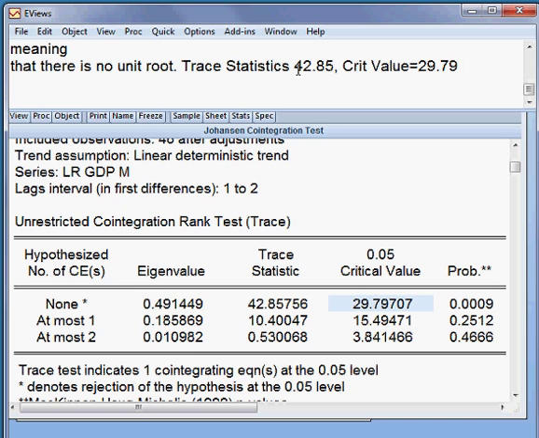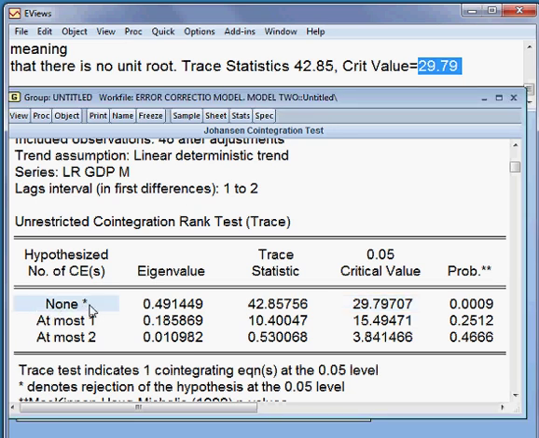So the statistics is 42.85 but the critical value is 29.79, meaning that the trace statistics is more than the critical value, so we can reject the null hypothesis. And what is our null hypothesis? The null hypothesis is there is no cointegration, which is none. So we can reject the null hypothesis.